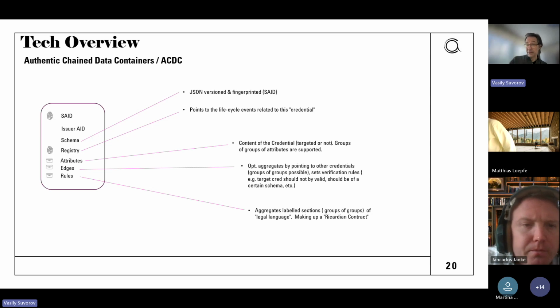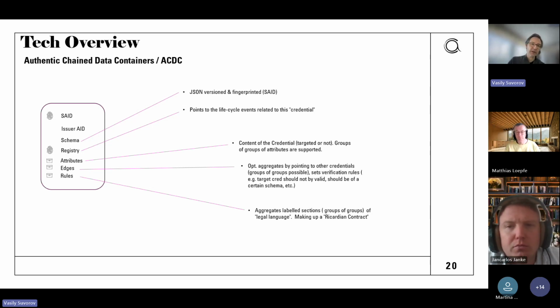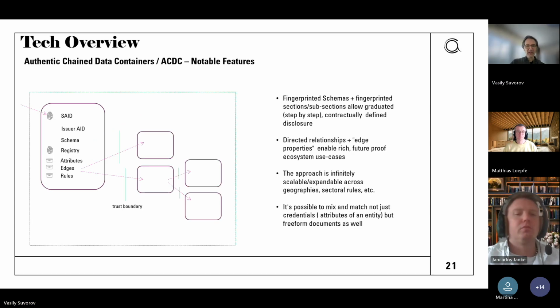It would be a type of attack. So we want to prevent that. We also need to know which version of the schema we're talking about. And of course, then we want to seal this whole credential with the help of a SAID. So the way that works is basically, now that we have this, we have the edges pointing to other credentials.